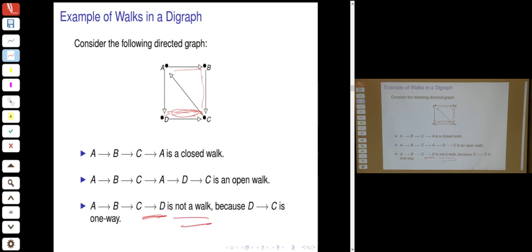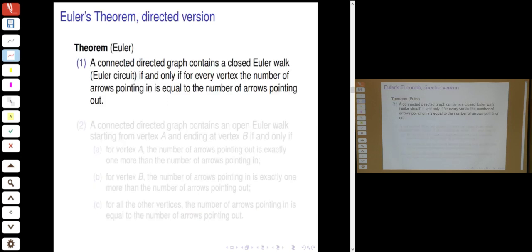Okay? So just to give you the ballpark idea of how we deal with directed graphs as different from undirected graphs. The Euler's theorem that we studied about the existence of Euler circuit or open Euler walks also has a counterpart for directed graphs, and of course for a directed graph we will only consider Euler circuits which are directed, or open Euler walks which are directed, right?